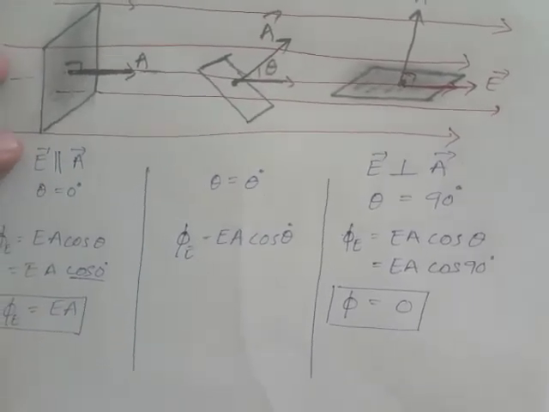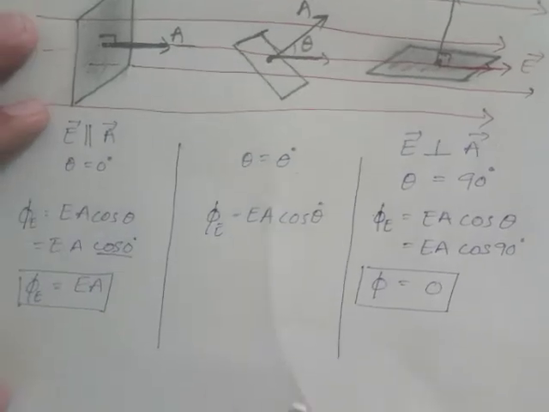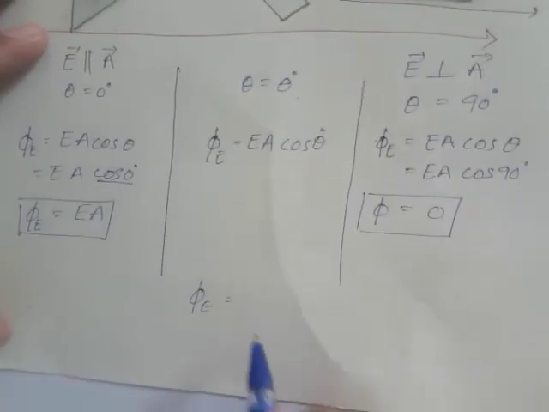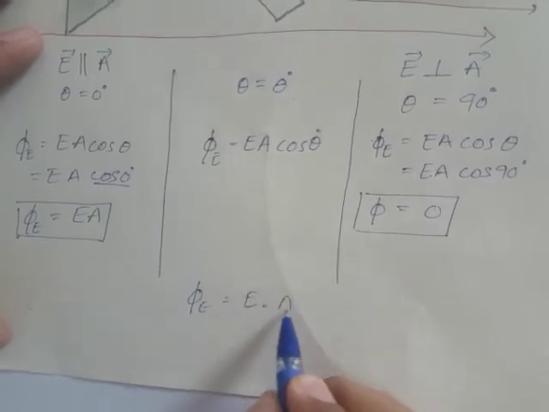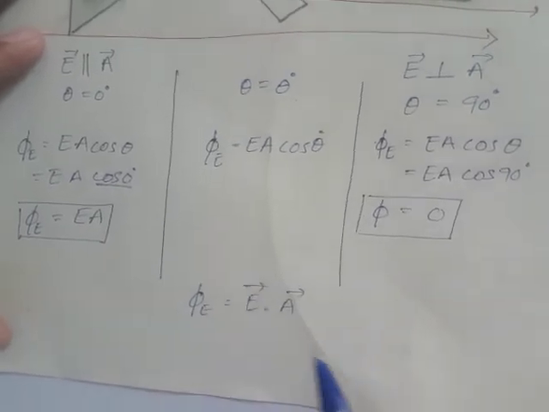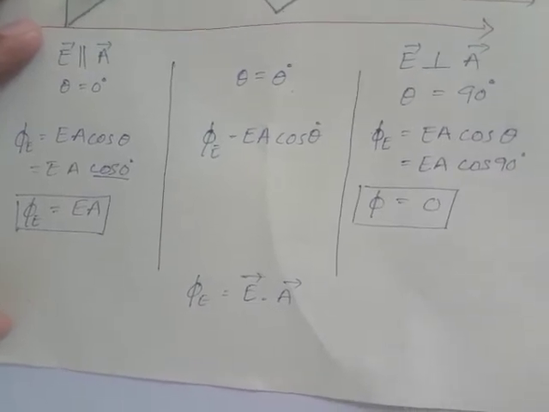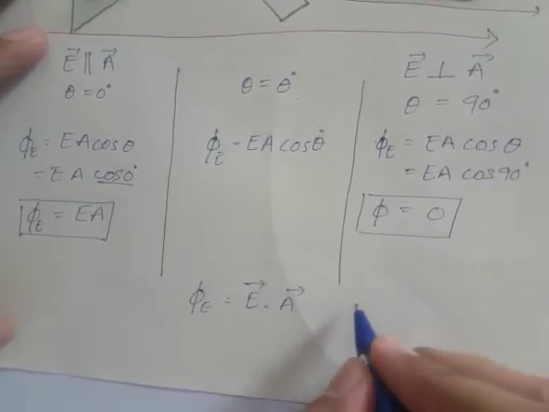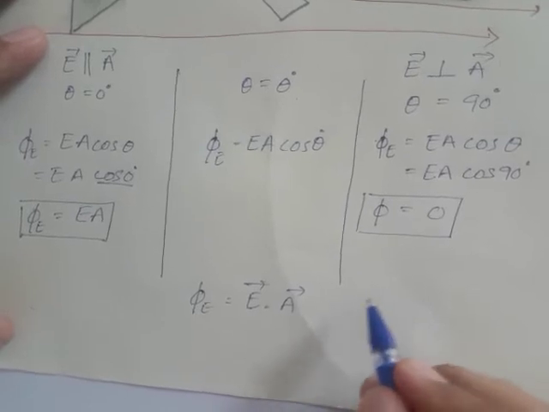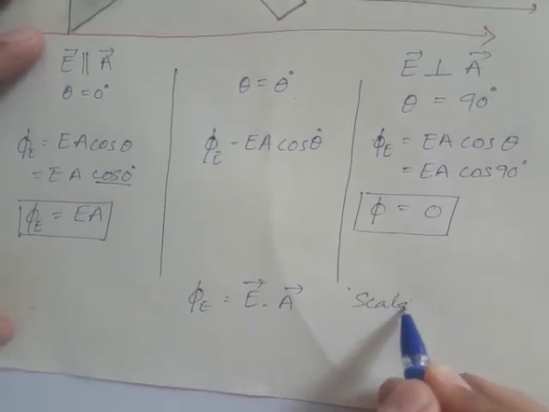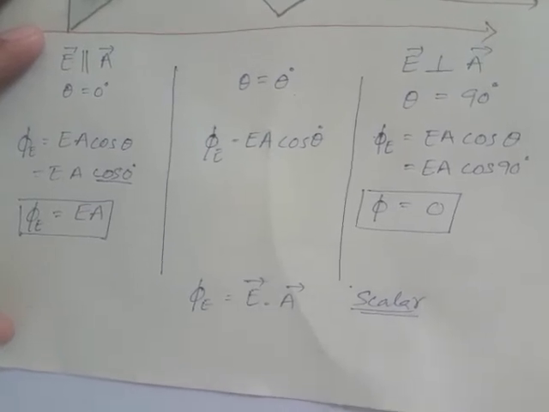So it is a dot product. We can also write finally phi equals E dot A, the dot product of the two. So electric flux is a scalar quantity.